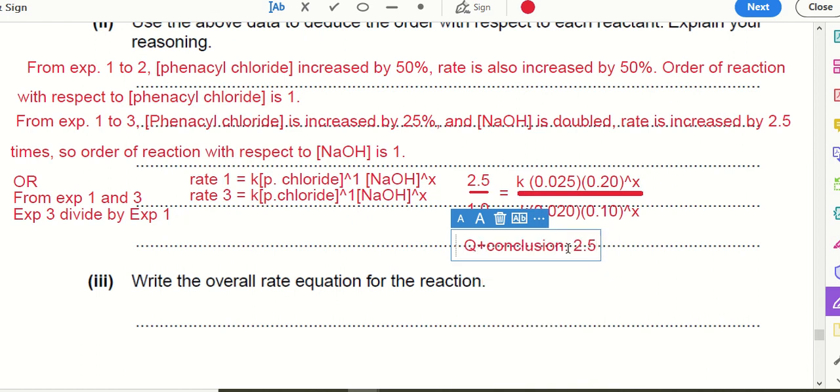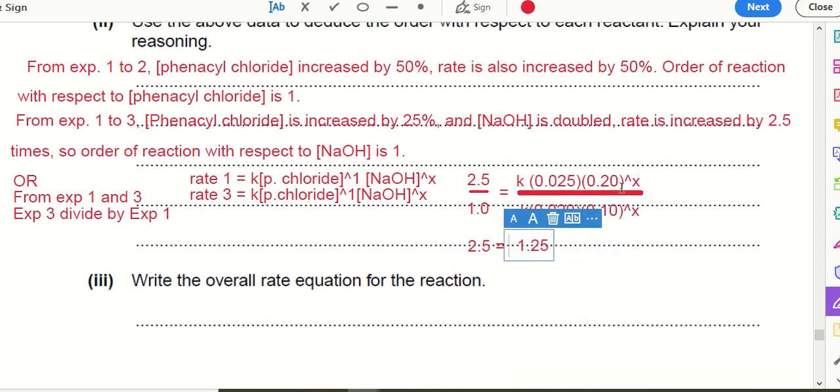K can cancel out each other. 0.025 divided by 0.02 is 1.25. 0.2 to the power of x divided by 0.1 to the power of x, it will be 2 to the power of x.